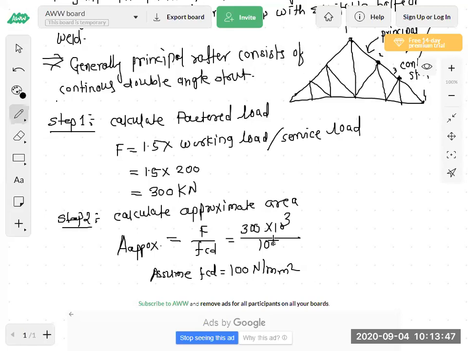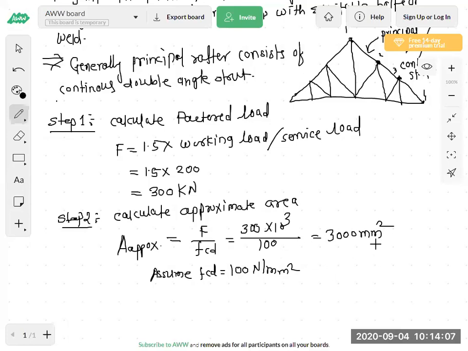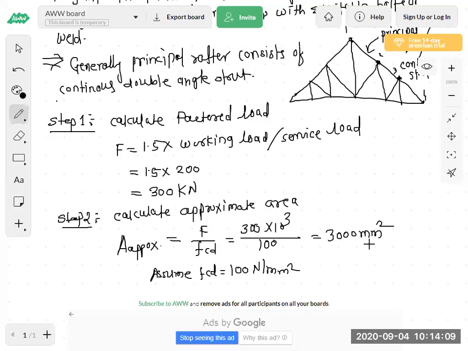So put here 100 and calculate the approximate area: 3000 mm square. 3000 mm square is the area required for the double angle section.